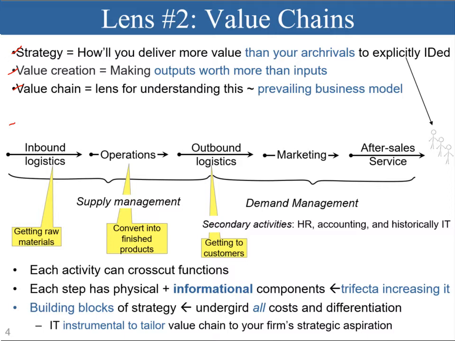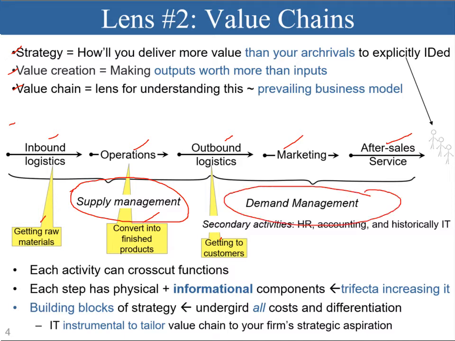Which involve inbound logistics for getting raw materials, operations that convert them into a finished product or service, outbound logistics for getting them to customers, marketing, and after-sale service. So the first three activities fall under the supply management umbrella, and the last two are under demand management.